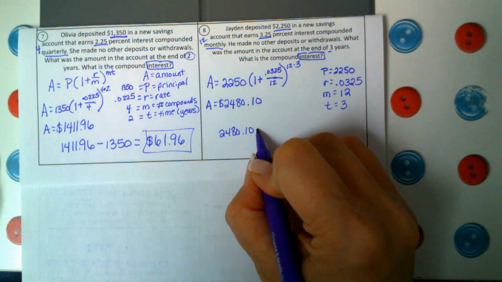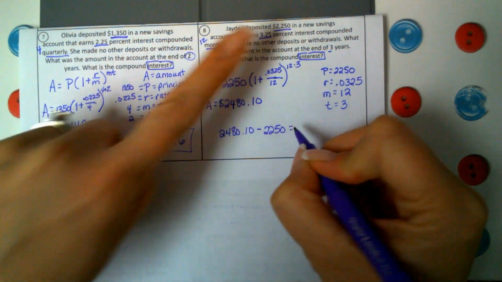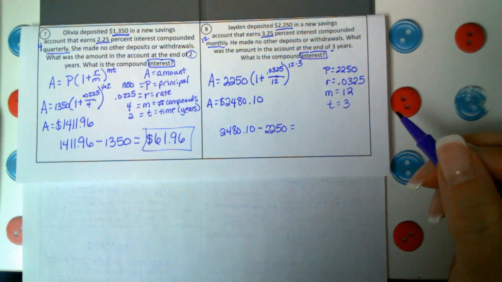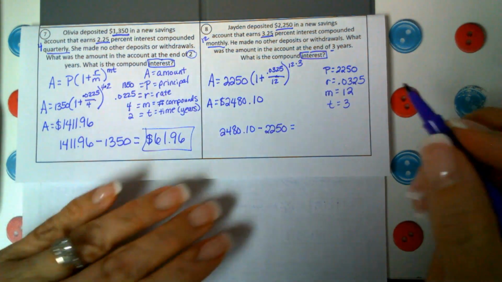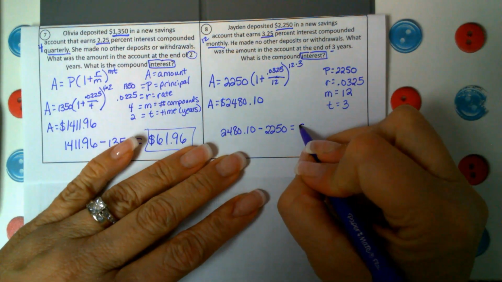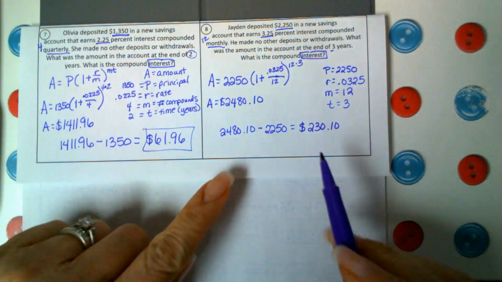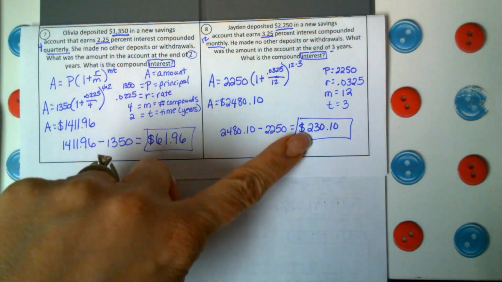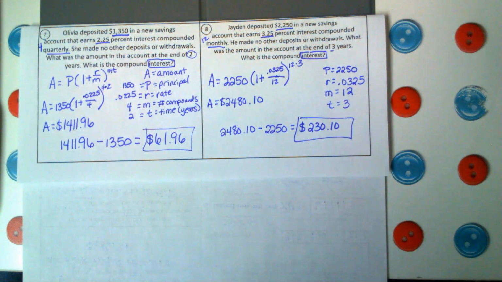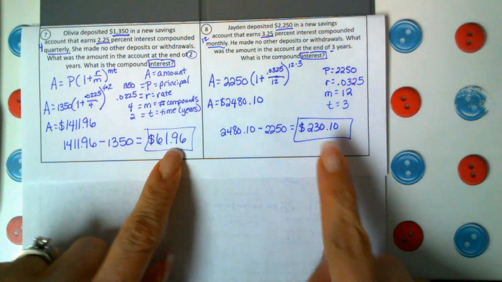I cleared it out, and I subtract the initial 2250. 2480.10 minus 2250 equals $230.10. So that's what the bank added to the 2250 to make him have 2480.10. So this is the interest. That's your actual answer.